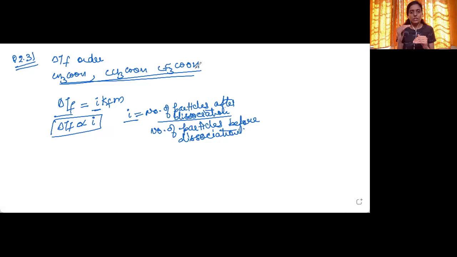Greater the value of degree of dissociation, greater will be the number of particles. Okay, now the degree of dissociation depends upon the strength of the carboxylic acid. Stronger the carboxylic acid, more is the degree of dissociation, more is the number of particles inside the solution.